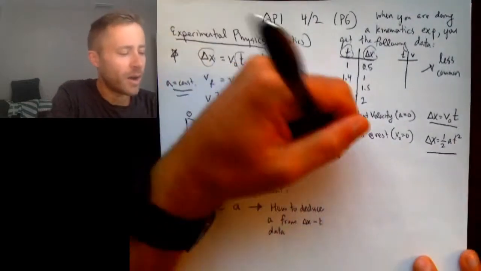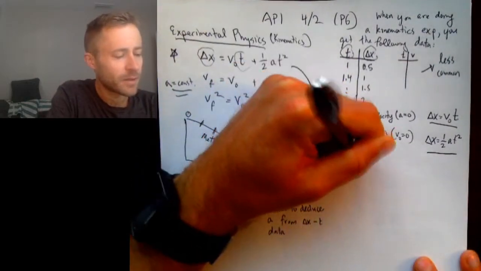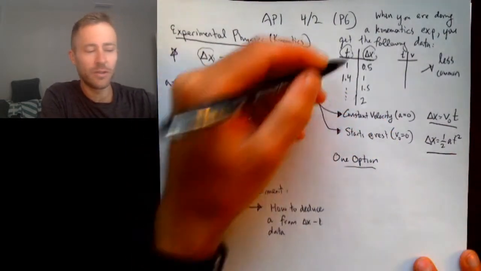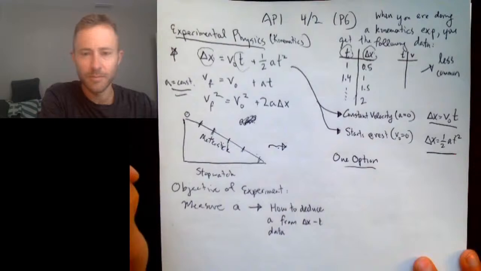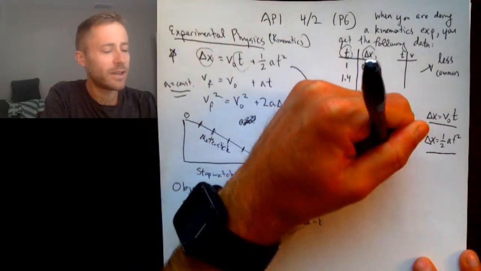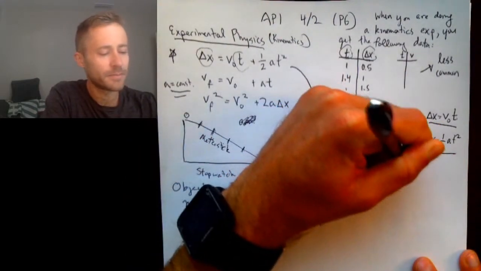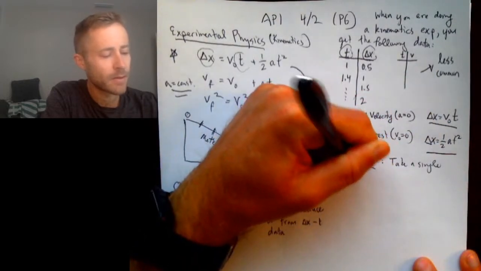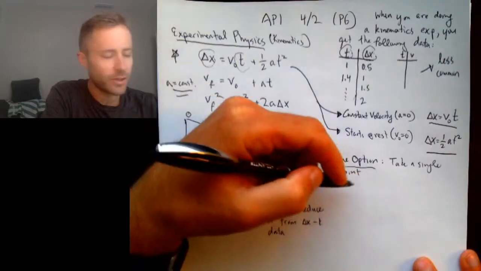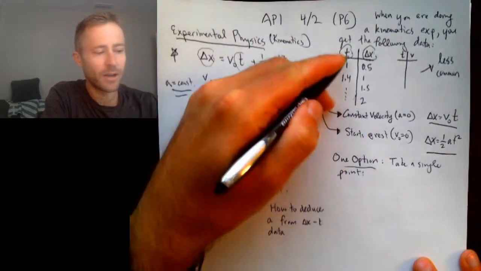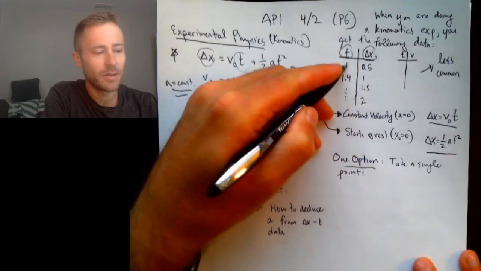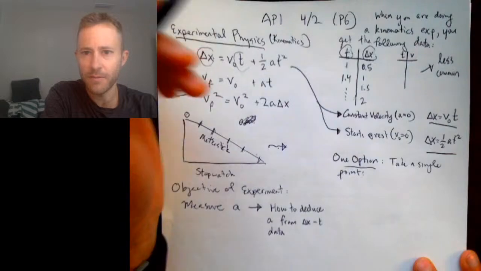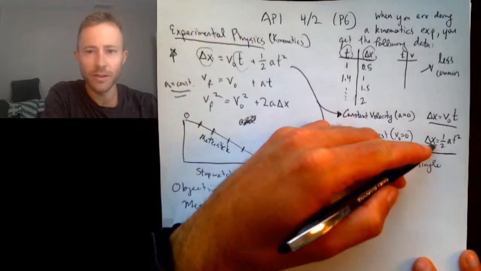So one option that you could use to do that is, let's say that this is the actual data. You could take a single point. So for example, we have time is 1, delta x is 0.5. So we could plug that into this equation.